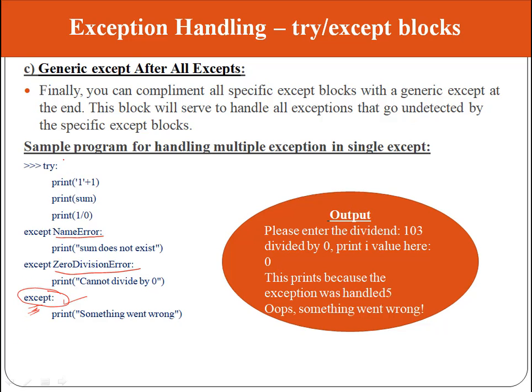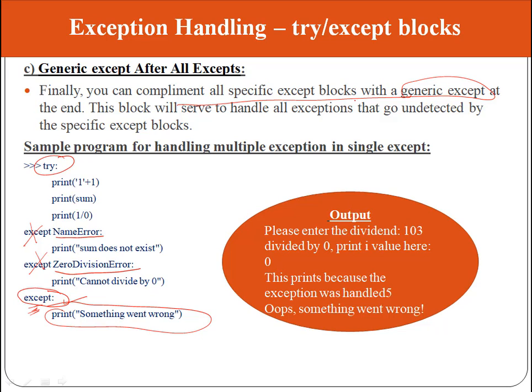This is the try block. This is the first exception type that can occur. This is the second exception type that can occur, right? If these two are not matched, it should not go unhandled, but it will go to this and print this message. So finally, you can complement all the specific except blocks with a generic except at the end.